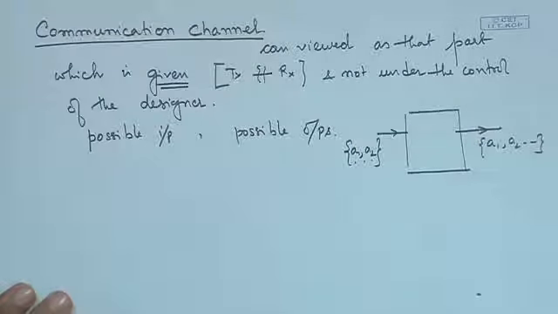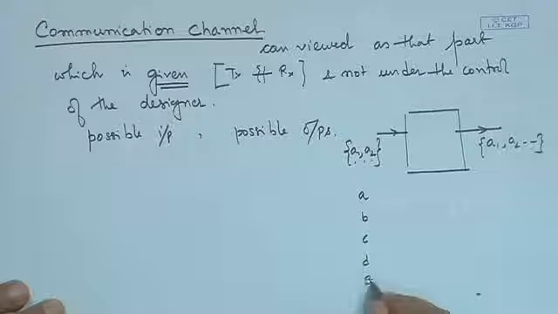What can happen is that a symbol A can go into the channel and come out as A. What could also happen is A can go in and come out as B. So, there is a set of possible inputs and a set of possible outputs.